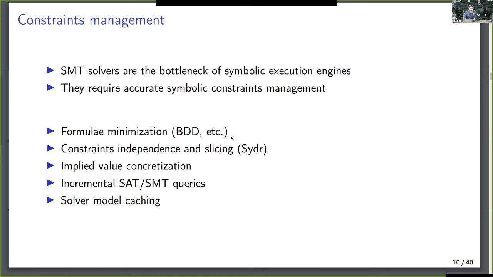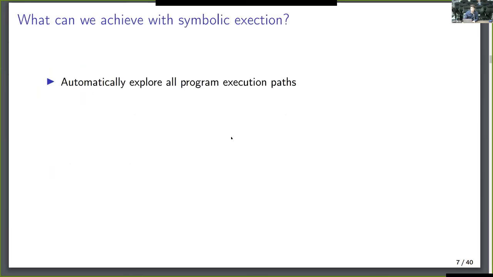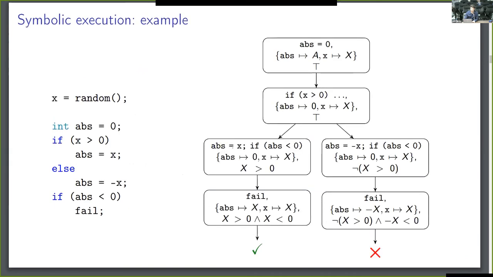The implied value concretization is implemented in KLEE. We might cache models returned by solvers to speed up the subsequent solver queries. And we can pass the constraints into the SMT solver in an incremental manner. What does incremental mean? Usually in a program, if you investigate some branch, you conjoin the path constraint to the existing path condition. But here we have already solved this x greater than 0 condition.